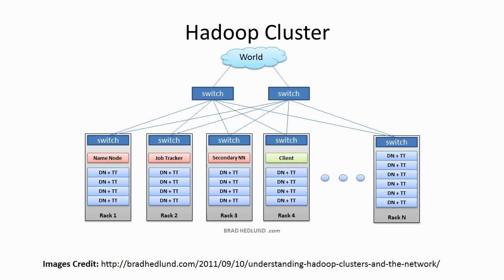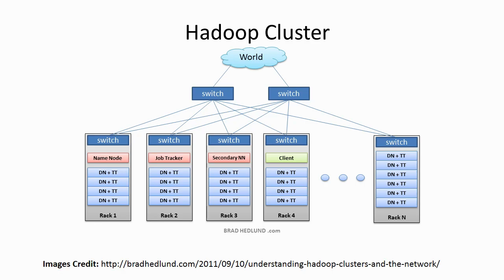Typically you have several hundreds of these racks, and the switches are shown here schematically. There is generally an integration and aggregation of the switches across the racks. So just look at this for a few seconds and make sure you understand how the cluster is physically configured.